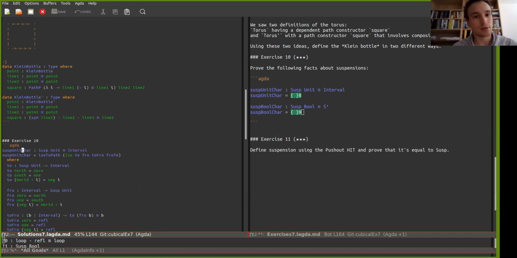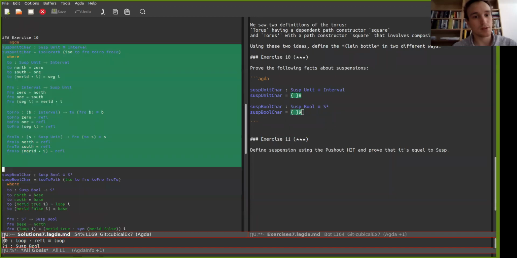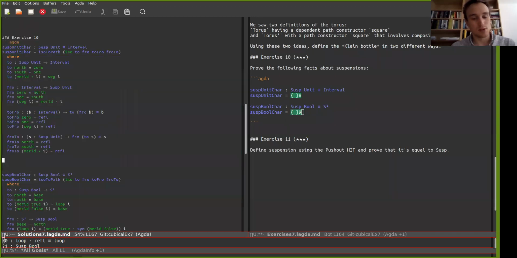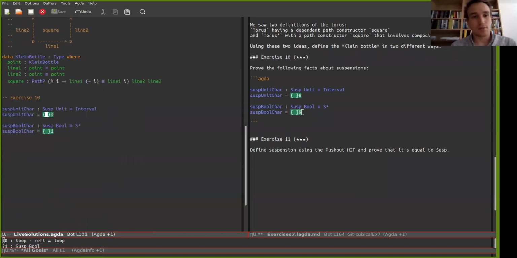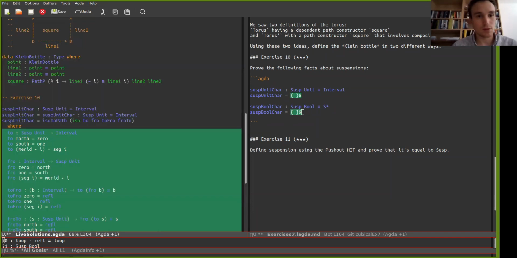I'll just copy the unit here. Oops, that's not the right one.